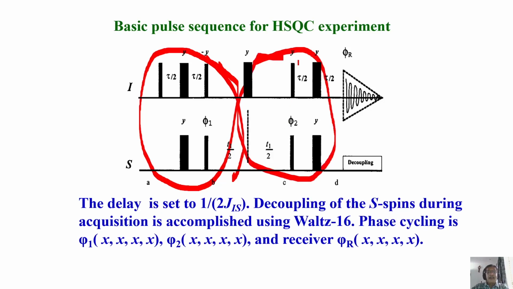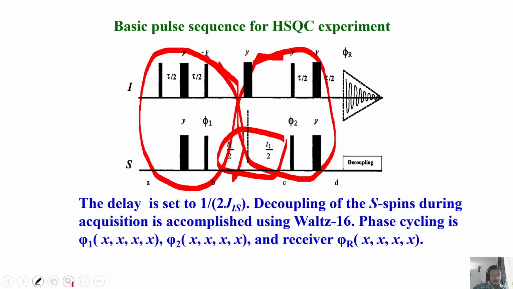Here we take the polarization from proton, give it to carbon, and then after a certain time, t1/2, in this evolution period, you ensure the magnetization is taken back to proton by reverse INEPT. One is a forward INEPT, the other is a reverse INEPT.